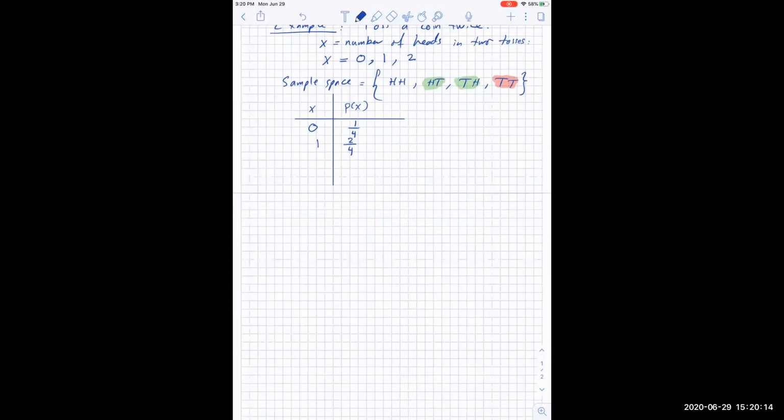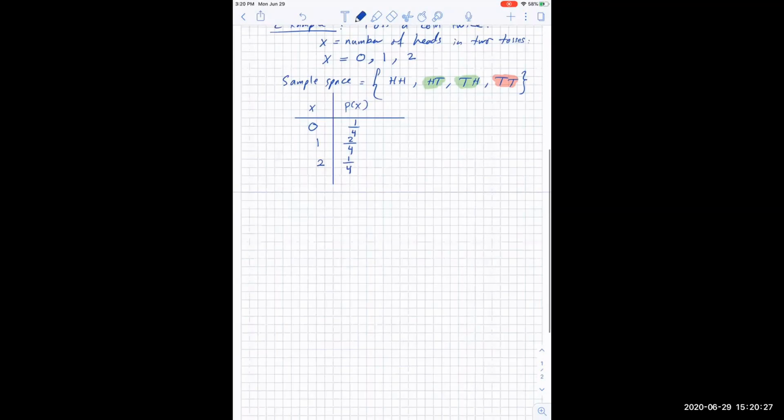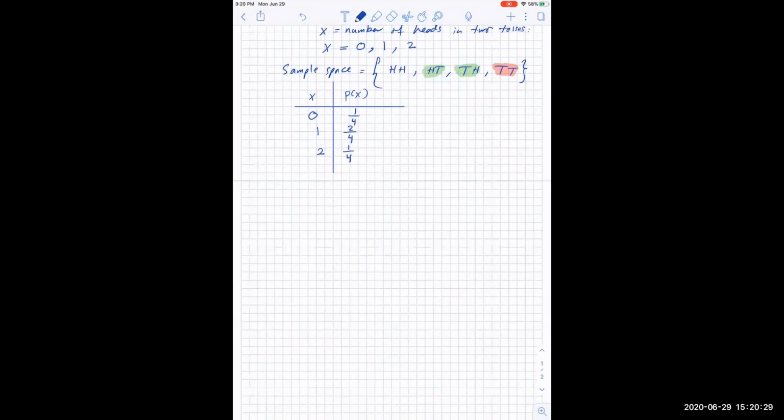What is the probability of 2 heads in 2 tosses? Again, we have 1 possibility out of 4. So 1 out of 4. So these are the possible values of X and their probabilities. What you see here is called a probability distribution.